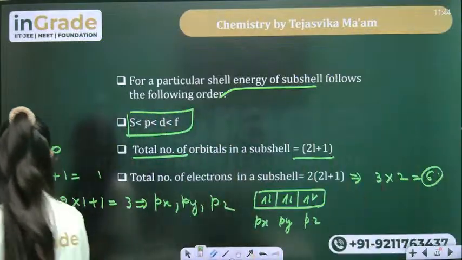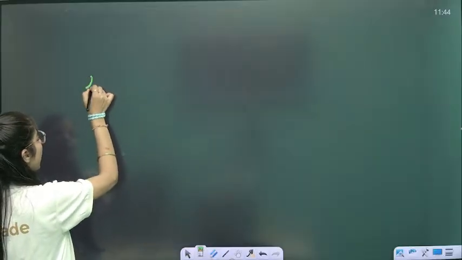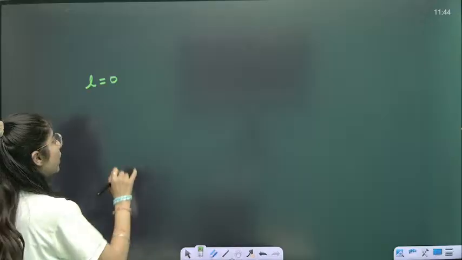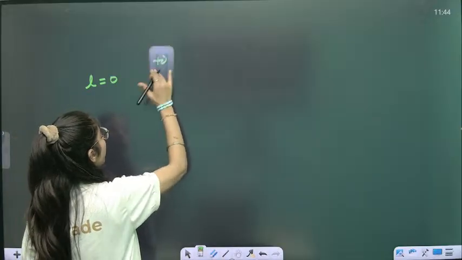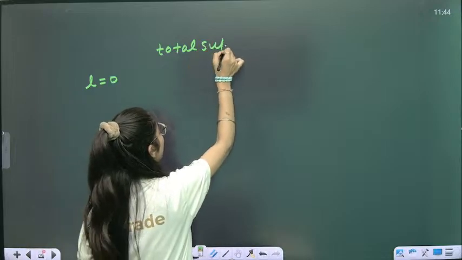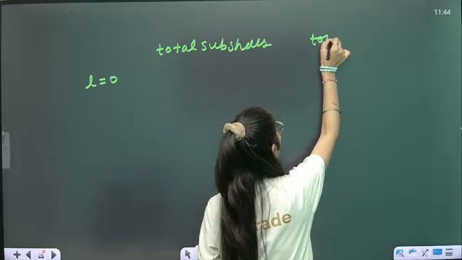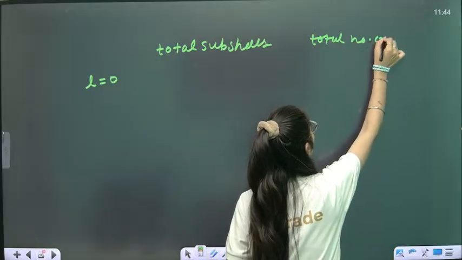I am writing it here, just wait. Let's say the value of l is 0, then total orbitals, total subshells, and total number of electrons.